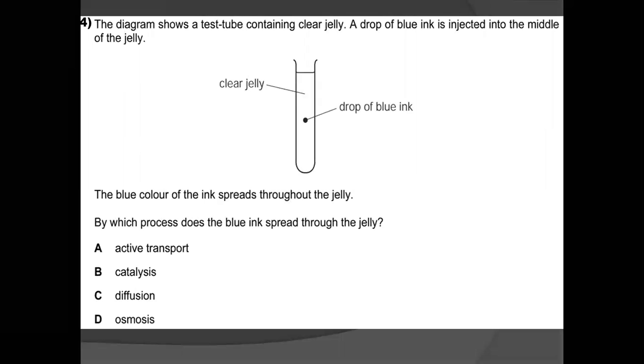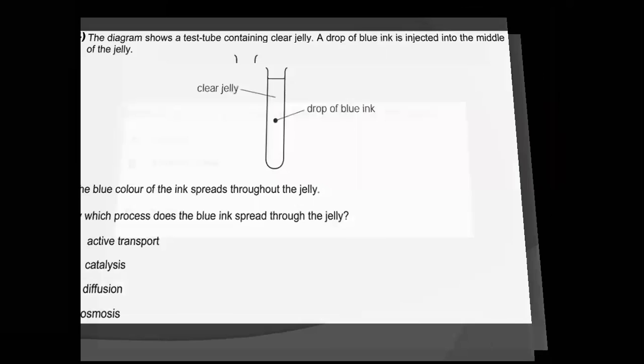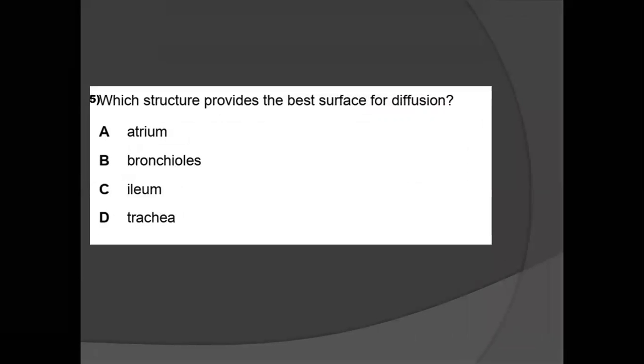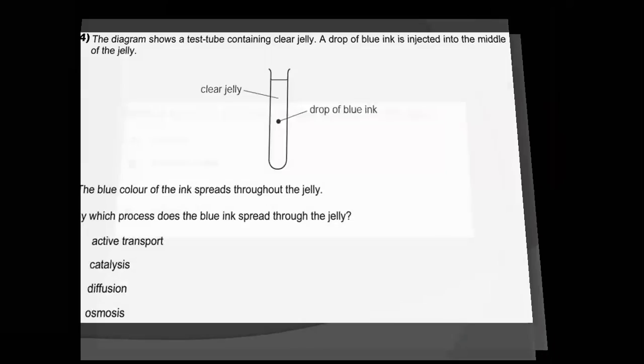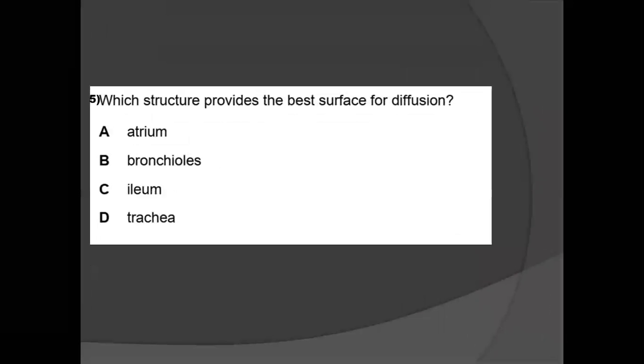Attempt this one also and send me the answer. Which structure provides the best surface for diffusion? So I want you to attempt all these 5 questions and check yourself, and send me the answers so that you can check how good you are now at this topic.